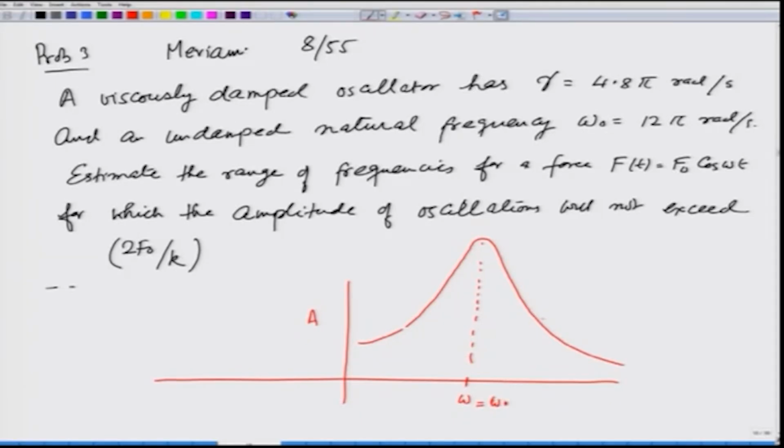So, what we want is the range of frequency such that the amplitude is not more than twice as much. So, the frequencies will lie either on the higher side, so that the amplitude is low, or on the lower side. So, the answer I should get is omega less than some omega critical or omega greater than some omega critical. So, let us now solve that.